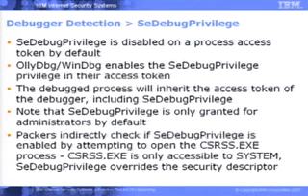Packers indirectly check if the SeDebugPrivilege is enabled by trying to open the CSRSS.exe process, because CSRSS.exe is only accessible to system. If the SeDebugPrivilege overrides the security descriptor, a debugged process can open that particular process.